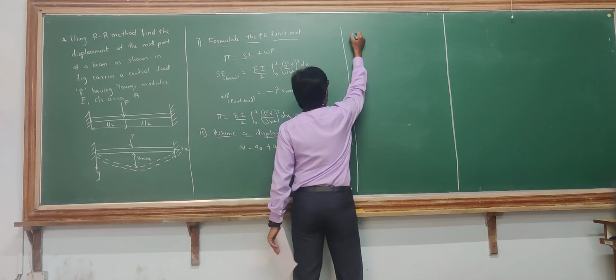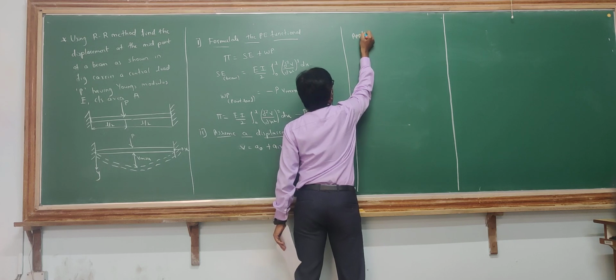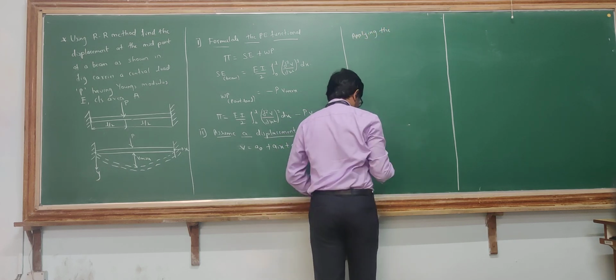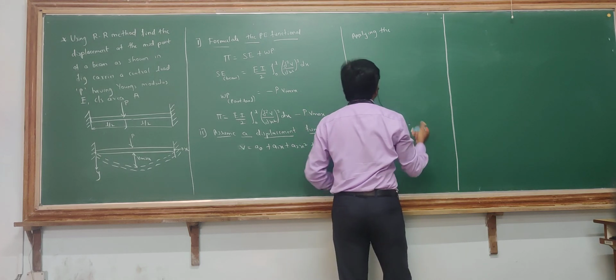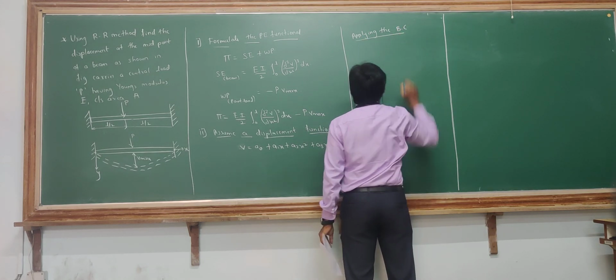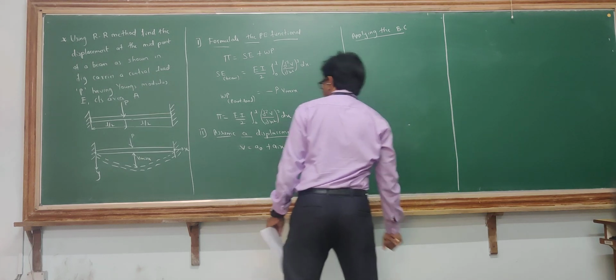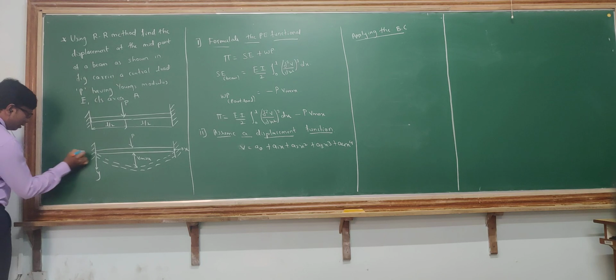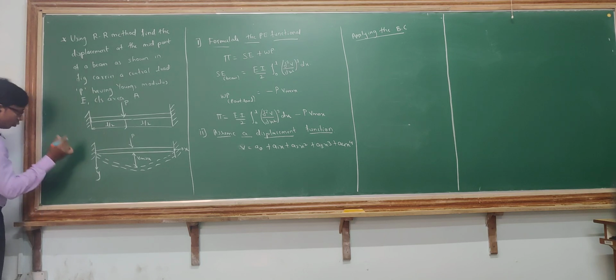So applying the boundary conditions, what are the boundary conditions? See here, this node always has 2 degrees of freedom. You have to remember, each node will have 2 degrees of freedom.